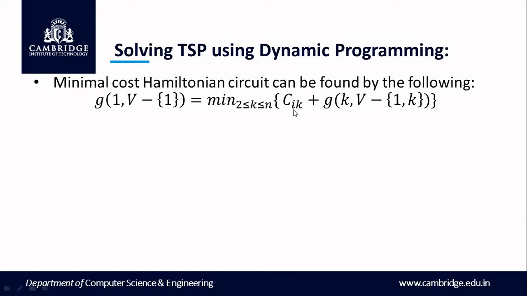So this can be done with the help of C of 1 to K. That is nothing but the cost of connectivity from vertex 1 to vertex K, and the shortest path from vertex K to the remaining vertices.